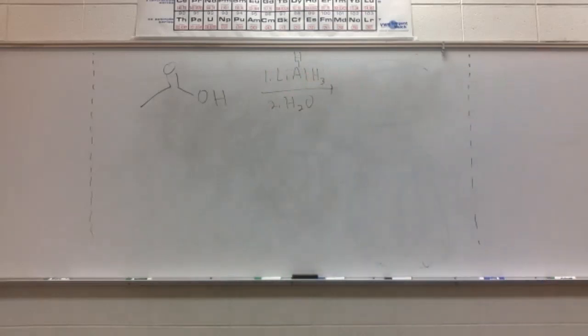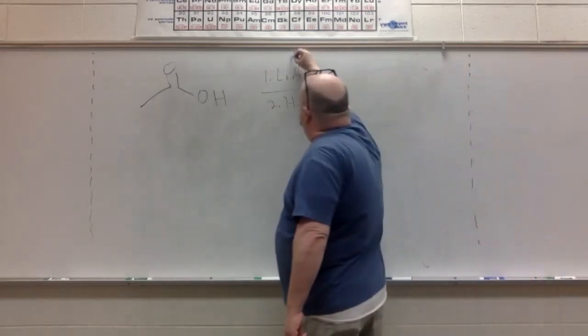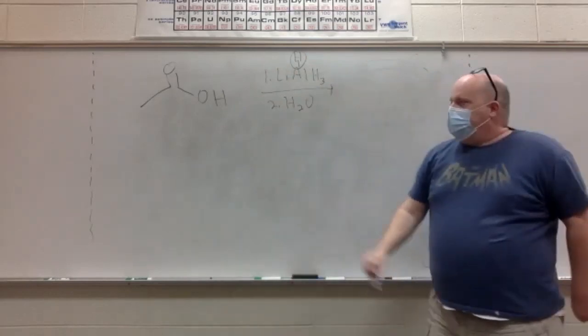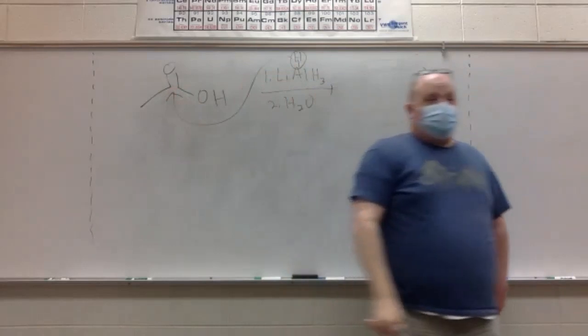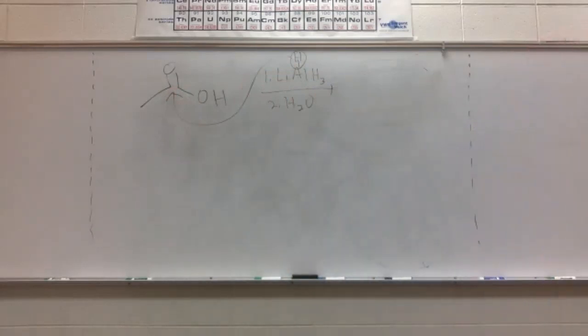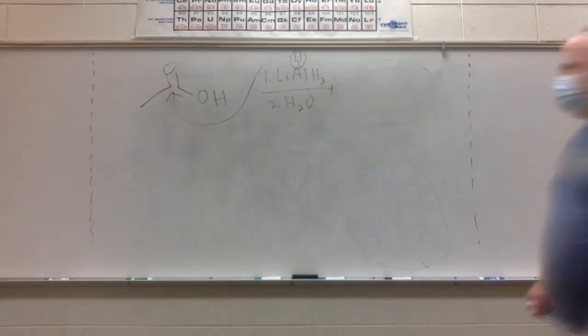Honestly, we don't really see a whole lot of difference here. H minus is still given off by your reducing agent. It's still going to be attracted to your carbonyl carbon. The only difference is, again, the leaving group. What's the leaving group going to be? OH minus, yeah.